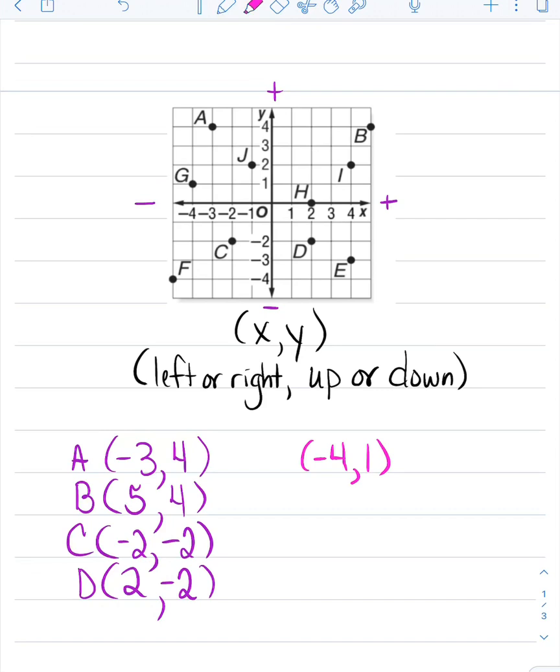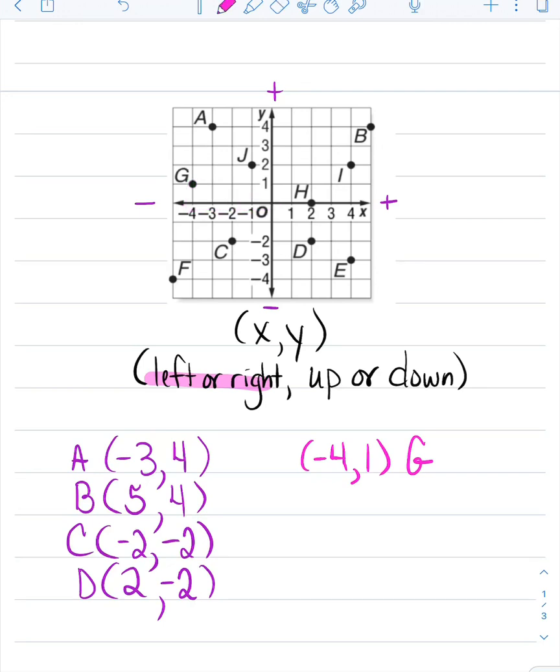So again, we start at the origin. -4, remember our first number is left or right. So -4 is left 4. +1 is up 1. And once I follow those directions, because that's all points are directions, I find that point G is at -4, 1.